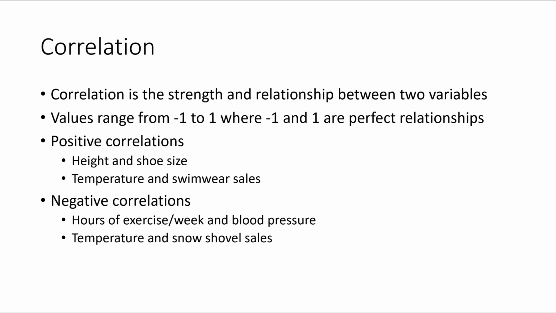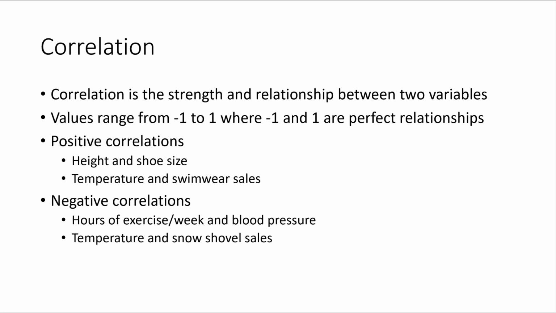So positive correlations, those that are close to positive 1, are things where as one variable goes up, so does the other one. So an example is height and shoe size. So when you were a child, you were probably not very tall and you had a small shoe size. As you got bigger, you got taller and your shoe size got larger.